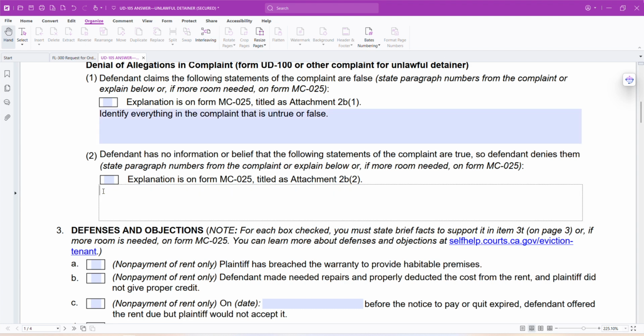Okay, then under number 2 is where you will identify anything that you are not sure about. For example, if they claim that you owe $5,000 in back rent, but you're not sure if it should be $4,000 or $6,000, identify that and explain that that's just something you're not sure, that you don't have enough information to agree or disagree.